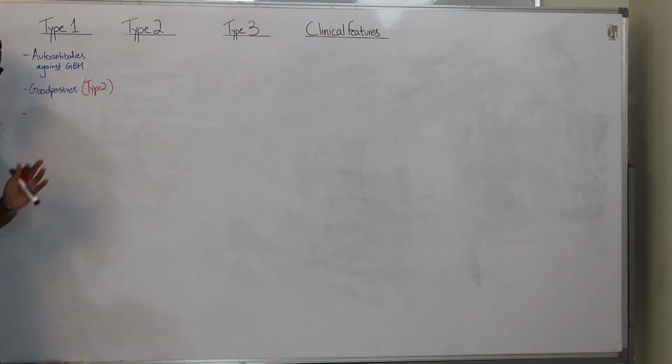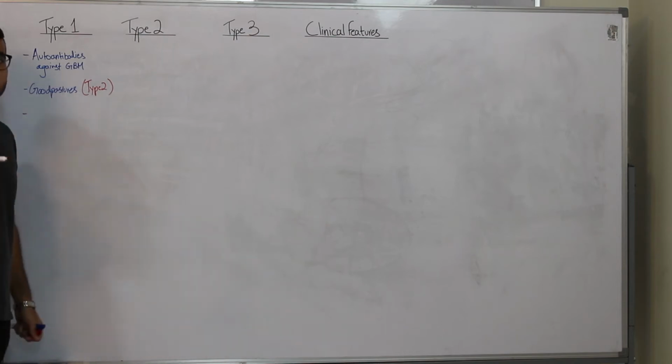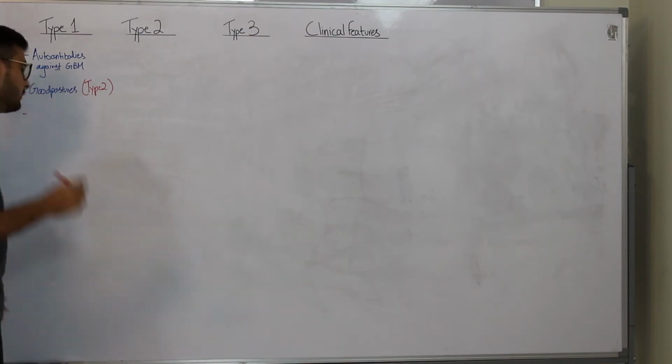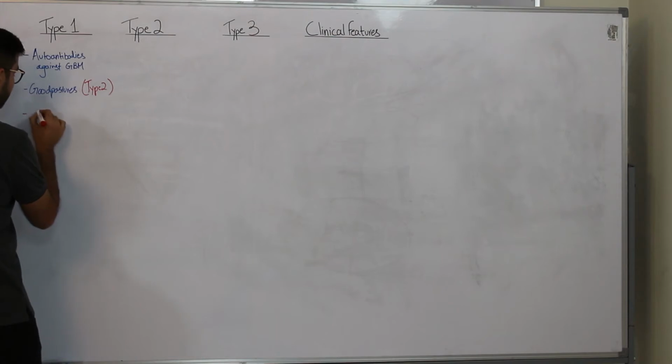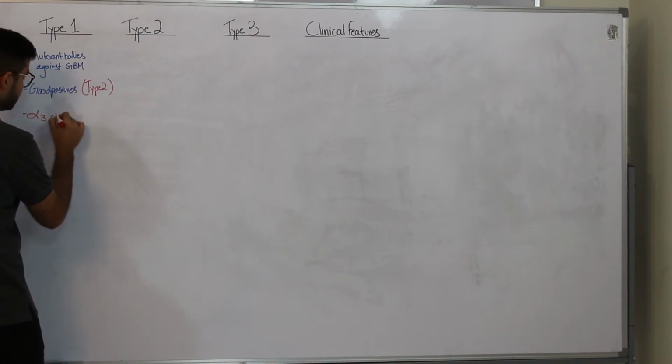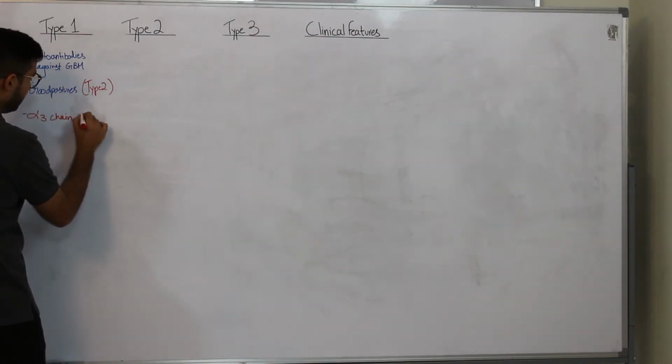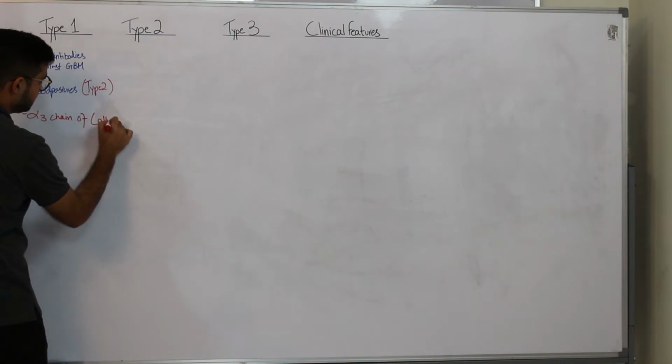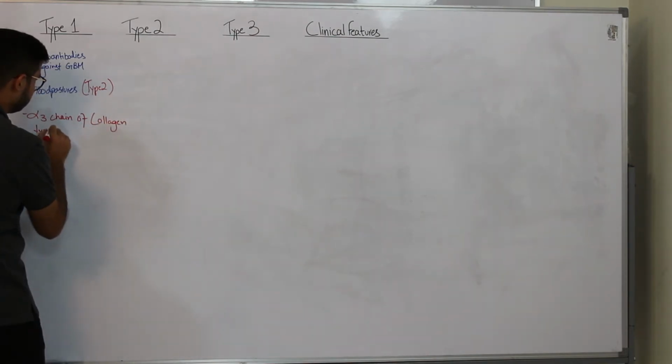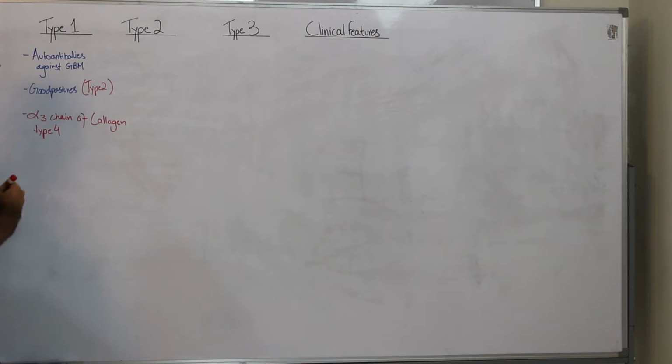So you have autoantibodies against the non-collagenous alpha 3 chain of your collagen type 4, right? This is what the autoantibodies are against.